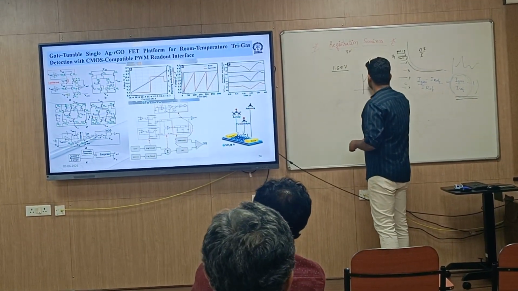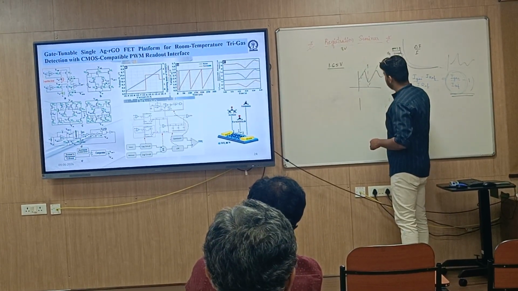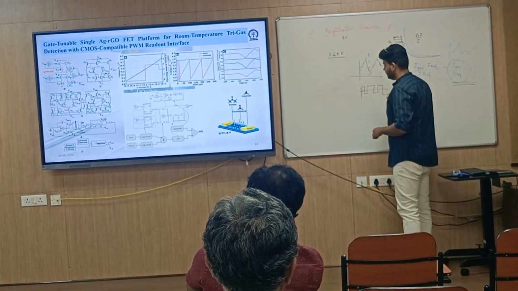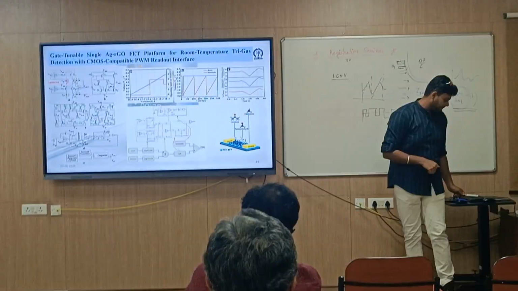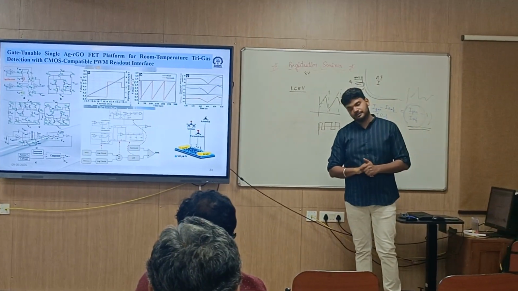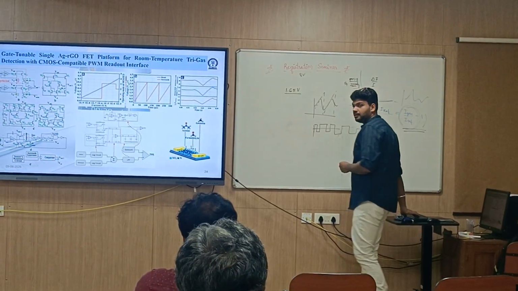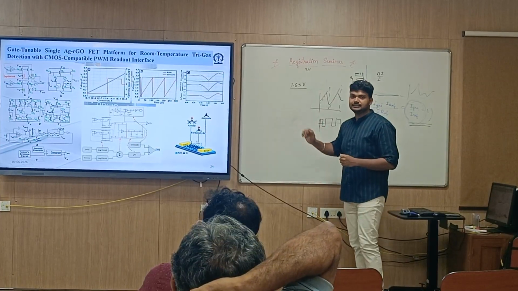So suppose this is an input, we are getting the pulses, and the pulse width is proportional to the voltage above the threshold. The width of the pulse will determine the amount of gas detected.